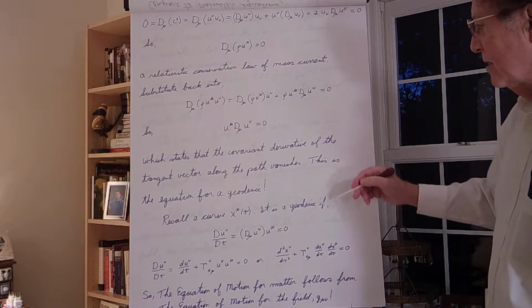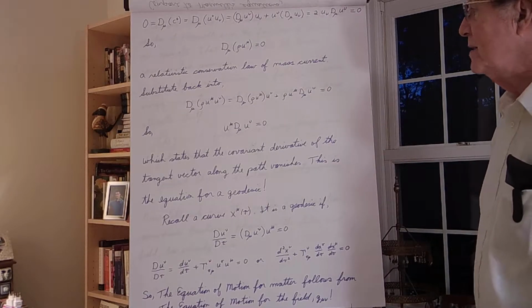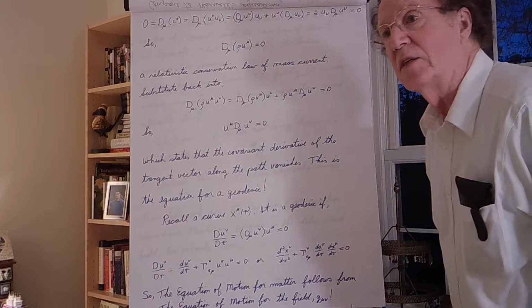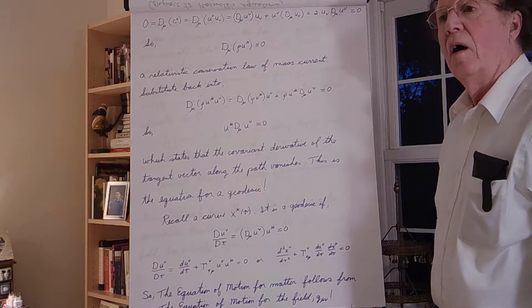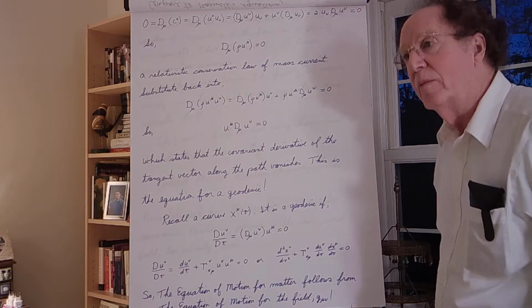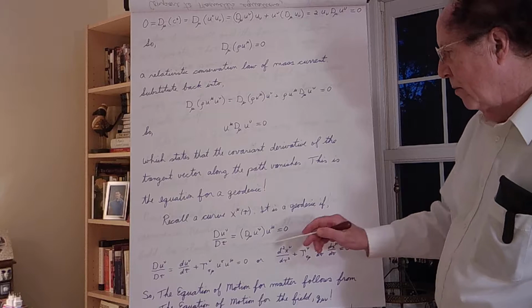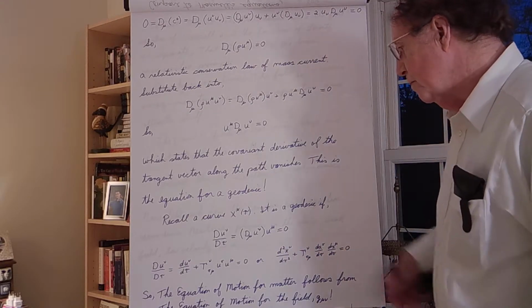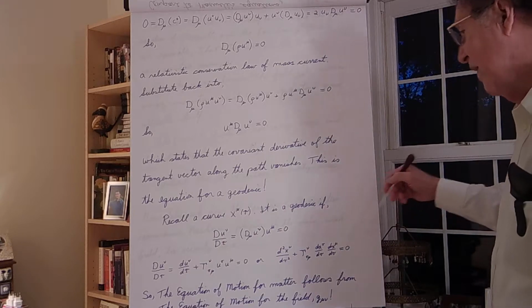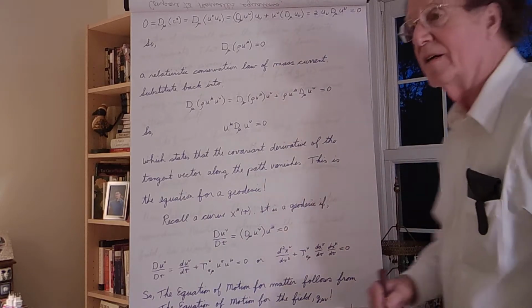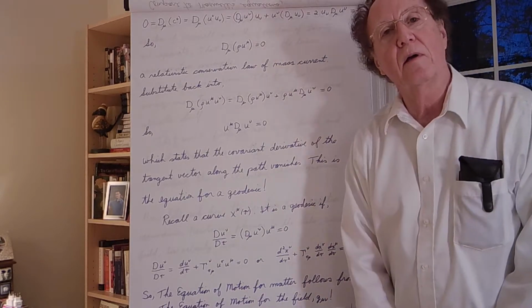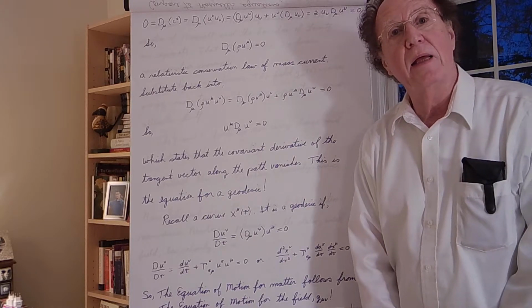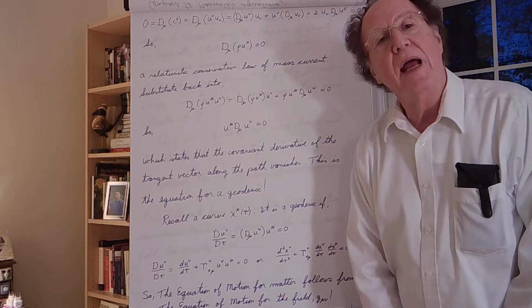And inside that conservation law is the fact that it tells me how masses move. They move along geodesics, which are determined by what? By the gammas, by the gravitational field itself. So the equation of motion for matter follows from the equation of motion for the field, for the metric field, and that's great.